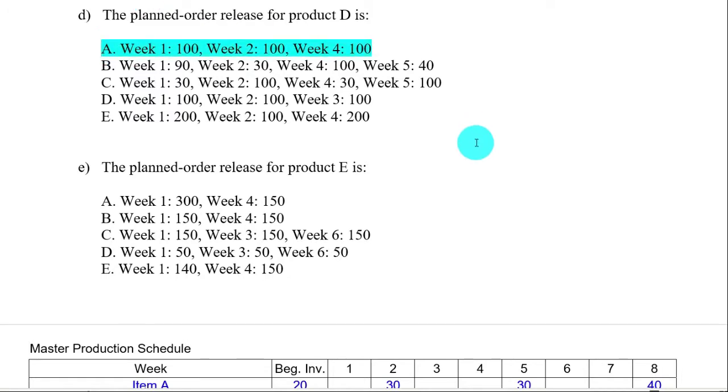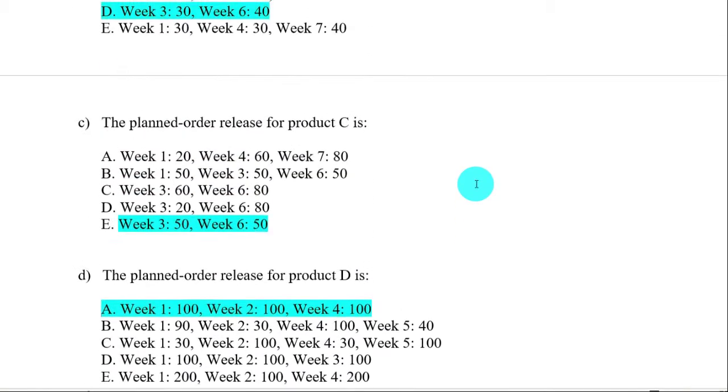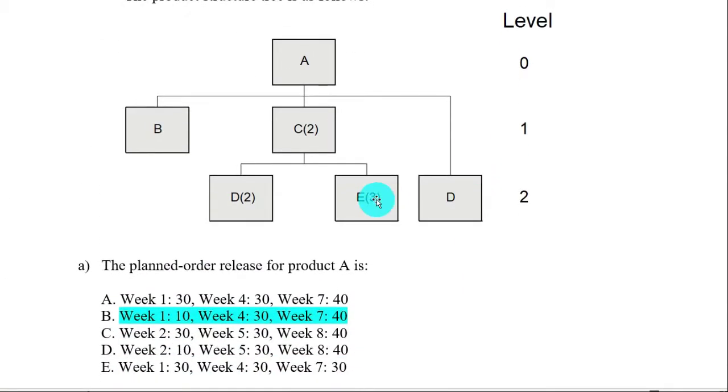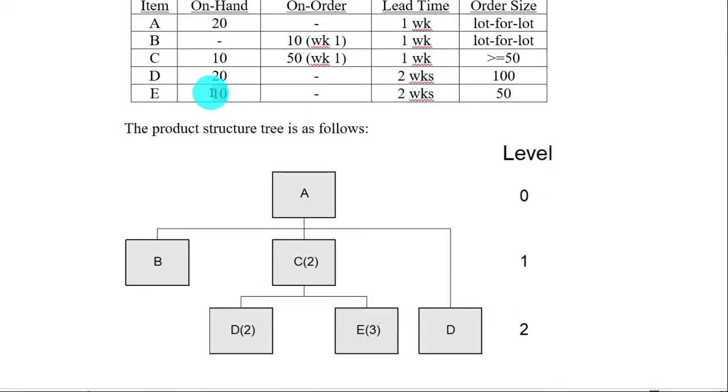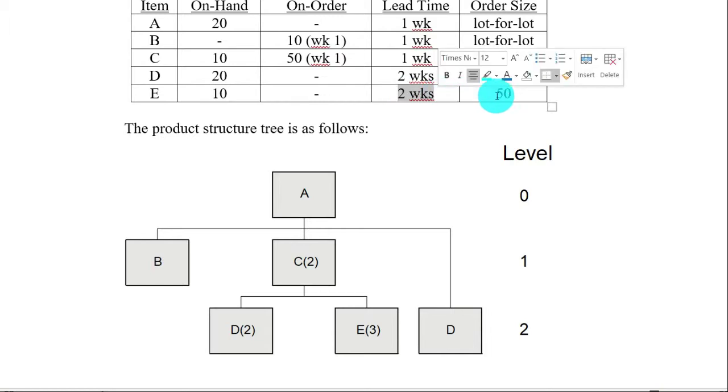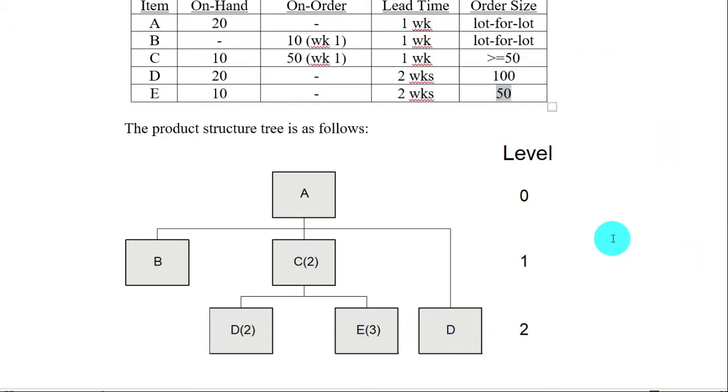Okay, next is item E. So E is right here. 1C, 3E. And for E, you have 10 on hand, 2 weeks lead time, and 50 is the order size.